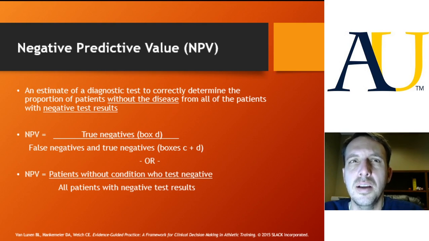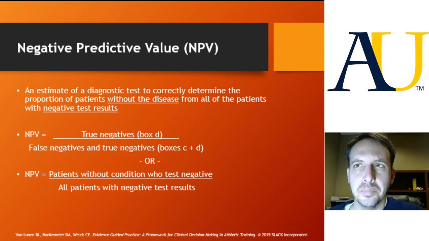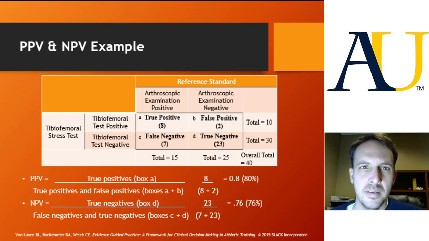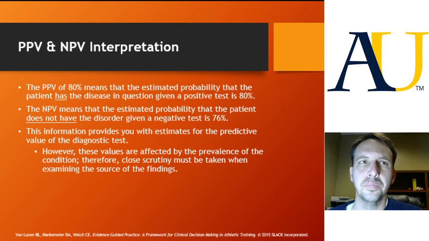And so in order to understand that, we're looking at this negative predictive value, looking at the number of true negatives over the total number of negatives that the clinical test indicated. And so you can see the example there and redo the math, and in this case we have an 80% positive predictive value and a 76% negative predictive value.